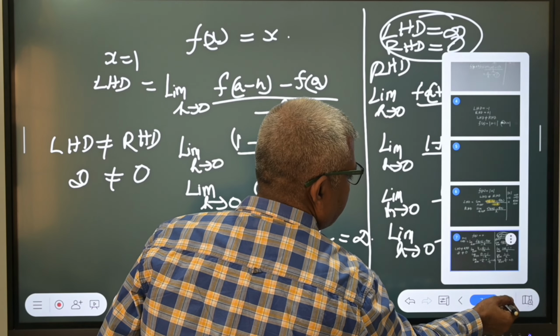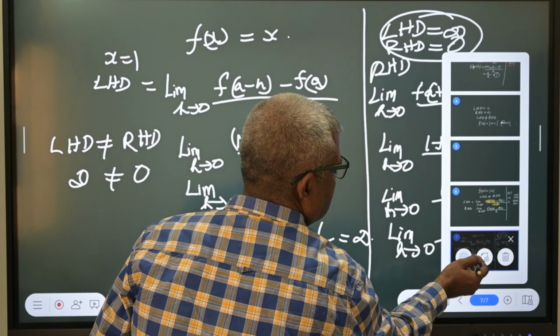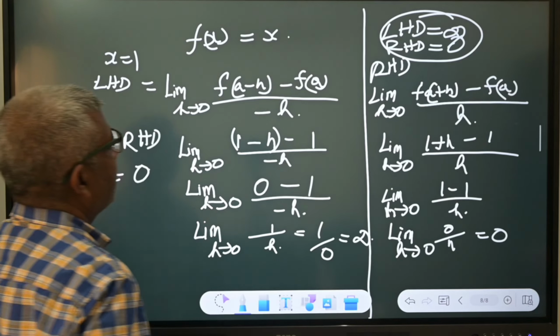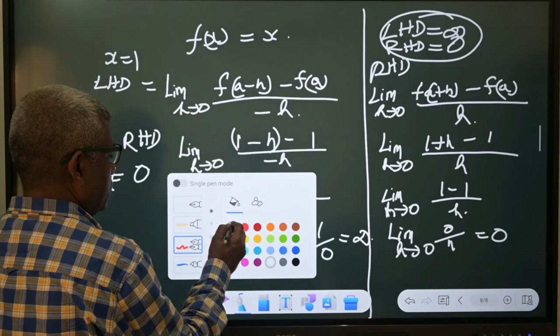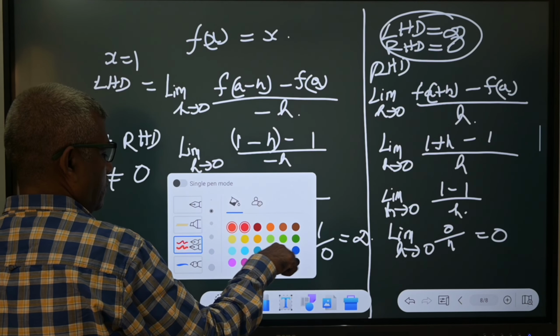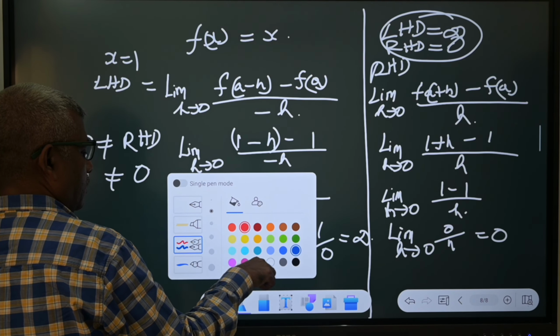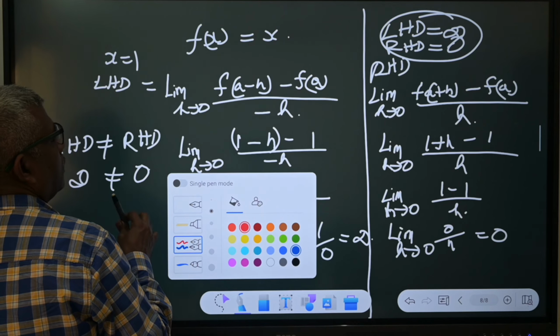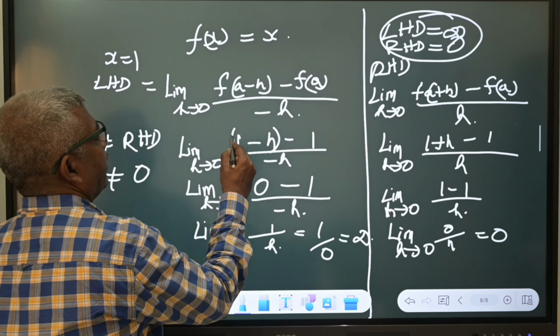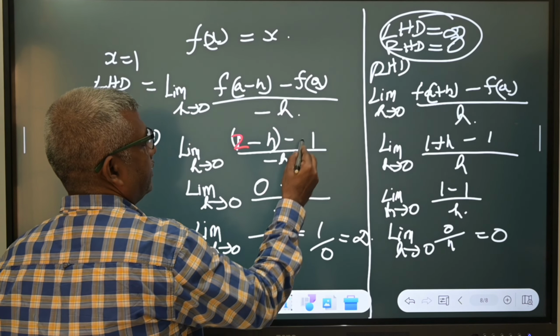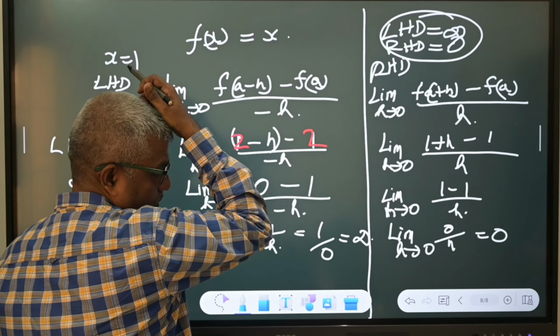Now let us see. Instead of x is equal to 1, let it be x is equal to 2. The left hand side derivative will be 2 minus h. Here a is 2.